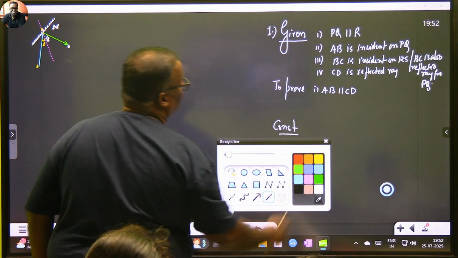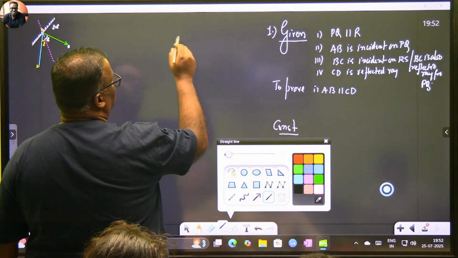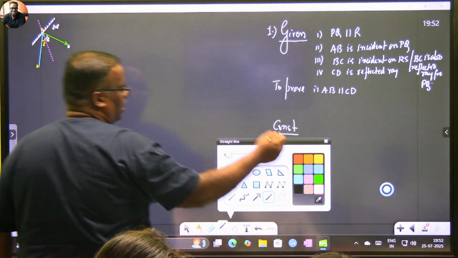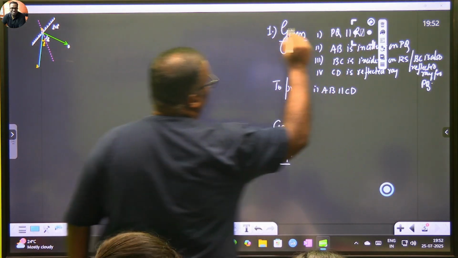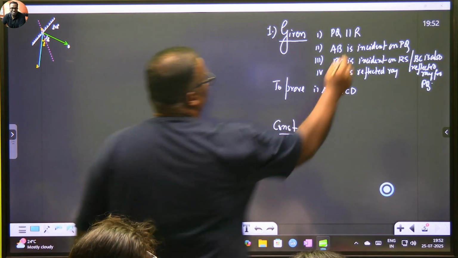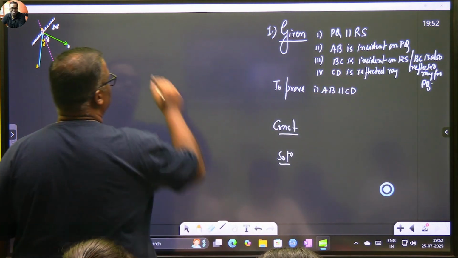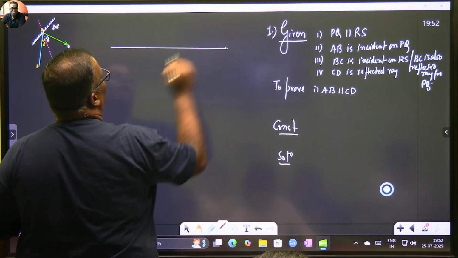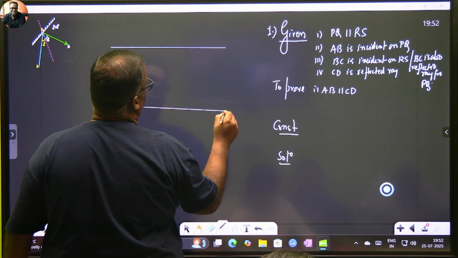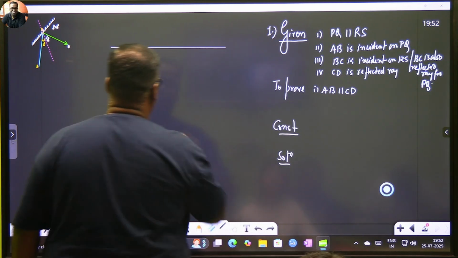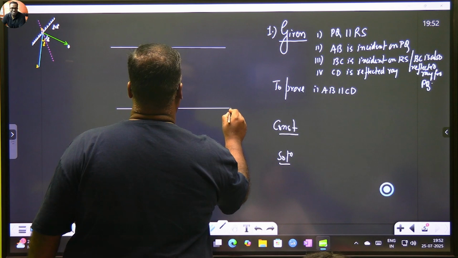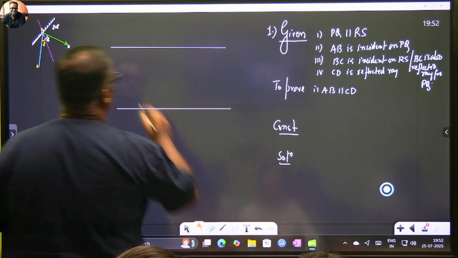Okay. PQ is parallel to RS. So I have a PQ, I have a RS, right?